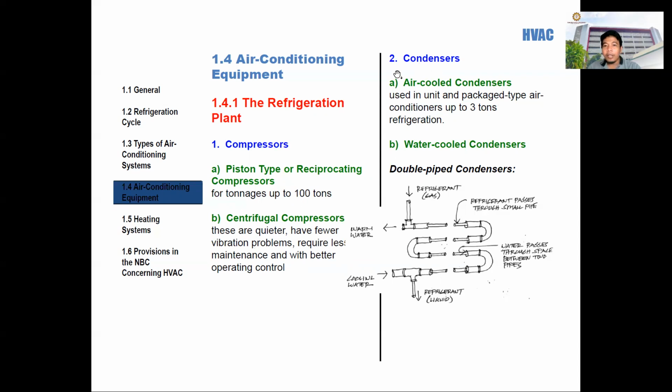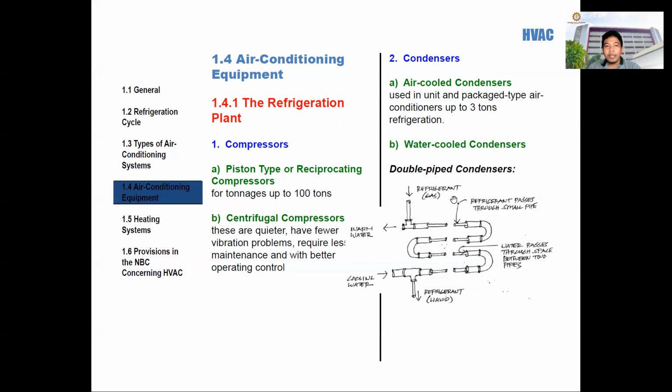Let's have now the condensers. Letter A is the air-cooled condenser, used in package type air conditioners up to 3 tons of refrigeration. So this is used in the window type air conditioning unit. And then we also have water cooled condensers, double pipe condensers, used in refrigerators.